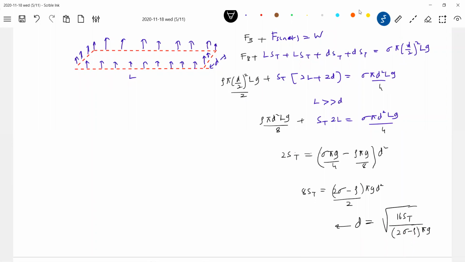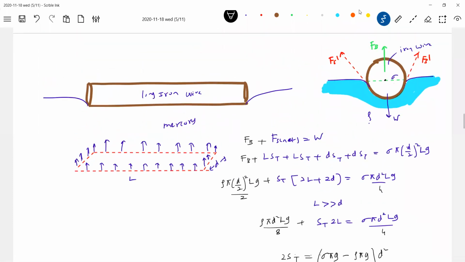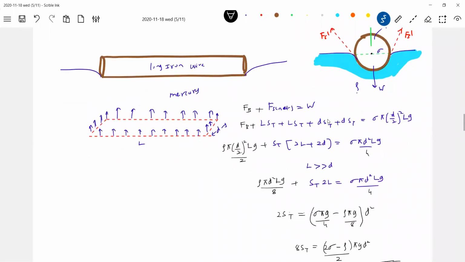This is the diameter. If the diameter of the wire is more than this, it will sink. If the diameter of the wire is anything less than or equal to this, it will float. This is the total. So I think it's all about the diagram. Nothing to do again here.